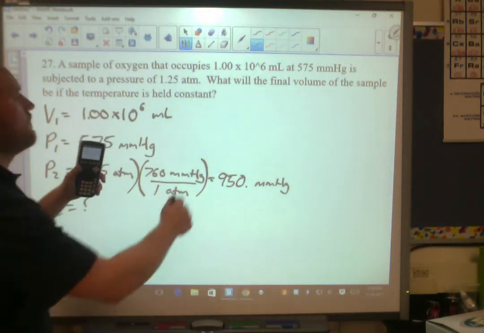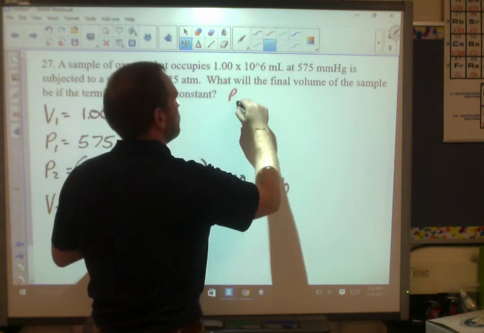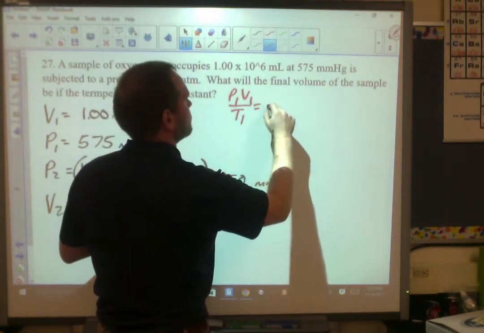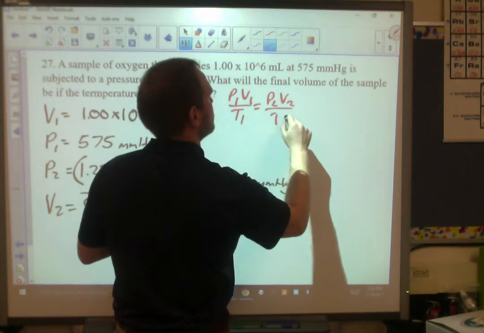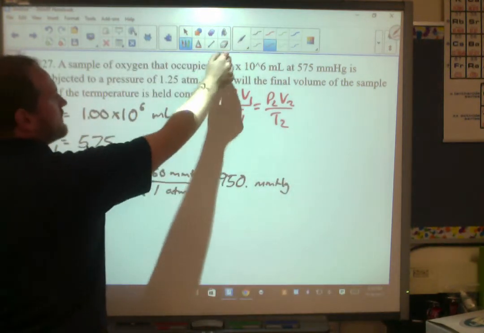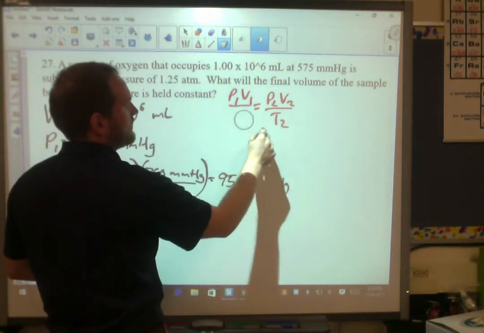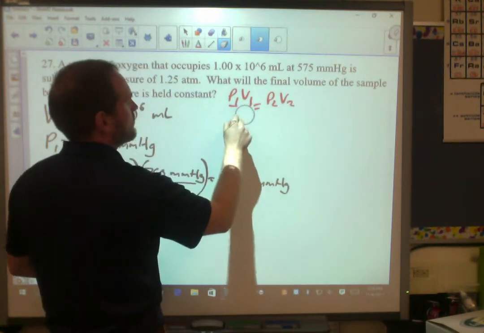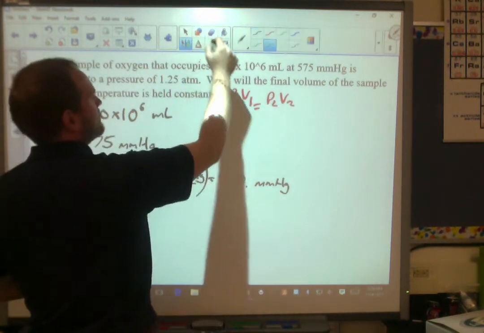Okay? So P1 V1 over T1 equals P2 V2 over T2. Temperature is held constant, number of moles as well, so let's get rid of those. We're solving for the new volume, solve for V2.